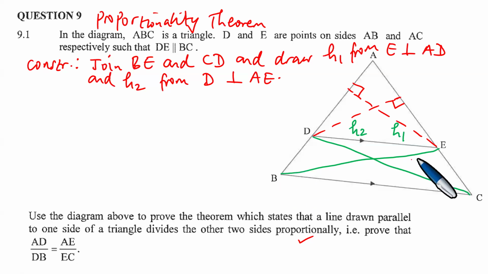You join BE and CD, and draw H1 from E perpendicular to AD, and H2 from D perpendicular to AE. And this is what we do. Next, we present the proof here.